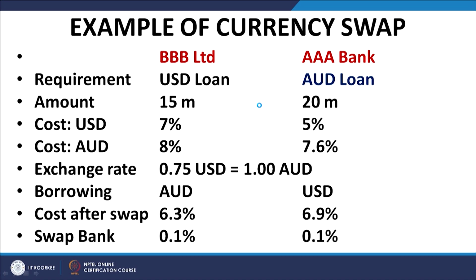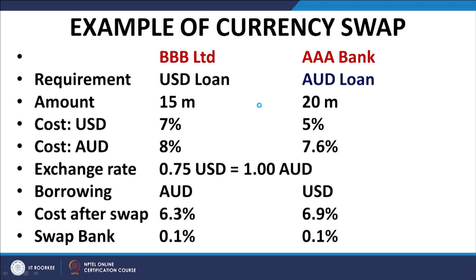So, you can see that in terms of the US dollar amount or the Australian dollar amount, these two are equal. The rates are, if BBB approaches the US dollar market, it has to pay 7%. If AAA approaches the US dollar market, it pays 5%, and as far as Australian dollars are concerned, if BBB approaches the market, it has to pay 8%, and if AAA approaches the market, it has to pay 7.6%.